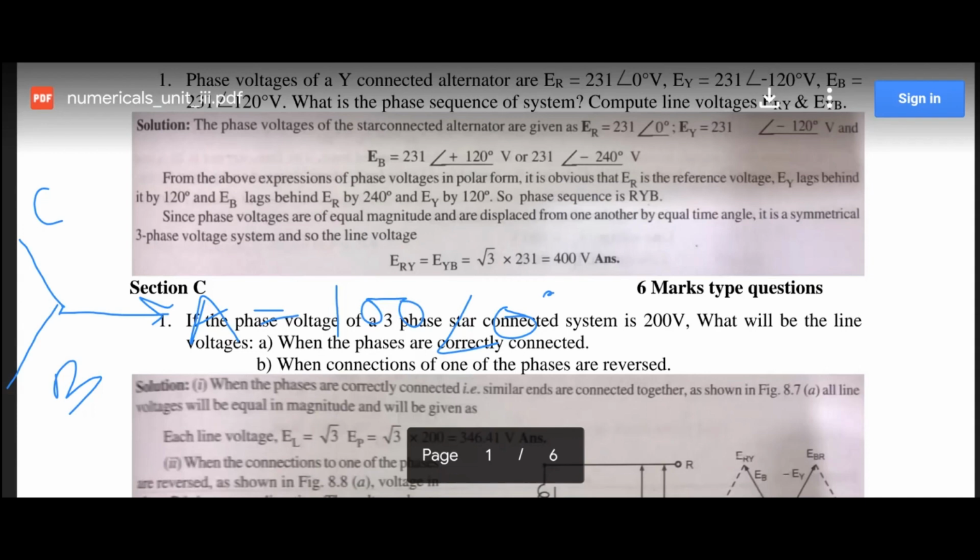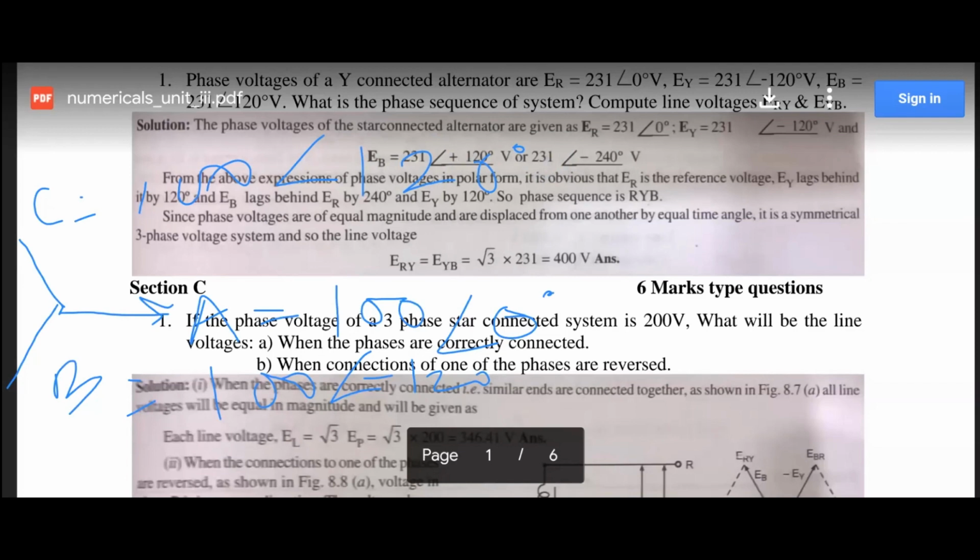Okay, so if the B phase voltage is having the same 100 volts and the angle is minus 120, similarly C is having 100 and angle minus 240 or 120, all the same, because we can always add 360 degrees or subtract 360 degrees as per our convenience, and it will make no difference to the results.